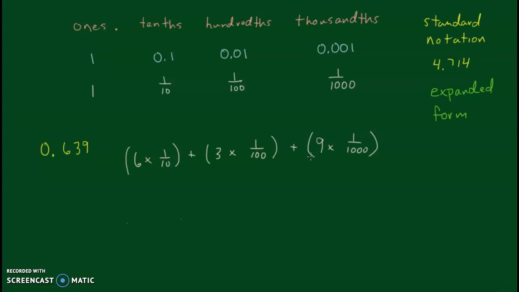So the process is exactly the same if you have a 0 in the ones place. If you want, you could do 0 times 1, but that's not necessary. Then you would just follow the same other examples as I did with my original 4.